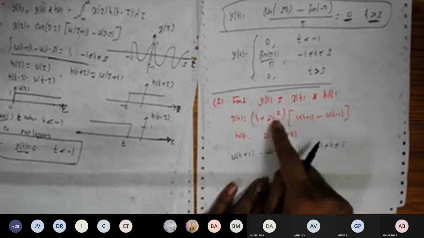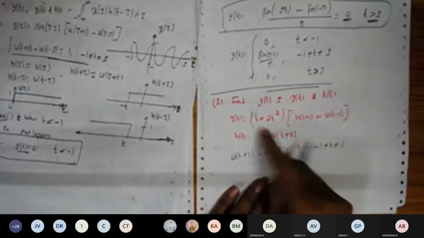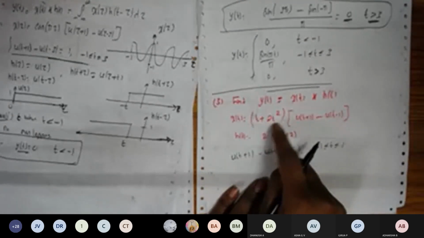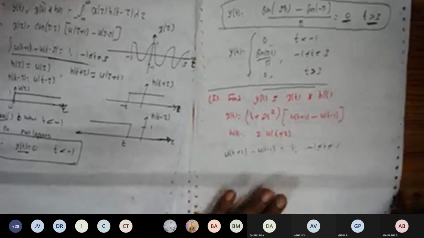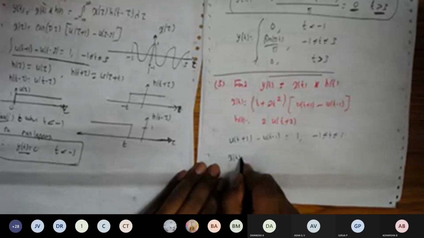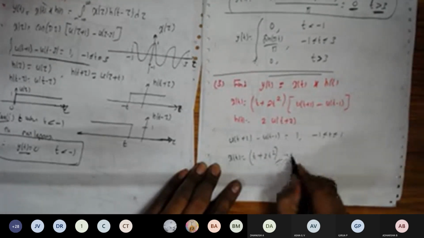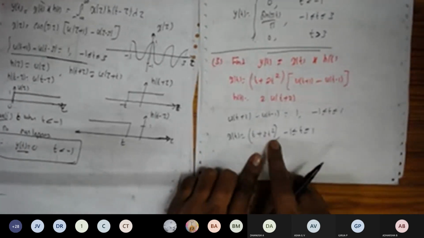And for t plus 2t square, when we substitute t equal to -1, it is -1 plus 2 into (-1) square, which is +2, so it becomes 1 only. So we can define x of t like this: x of t is equal to t plus 2t square for -1 less than or equal to t less than or equal to 1. I'm going to plot the waveform for this one here.